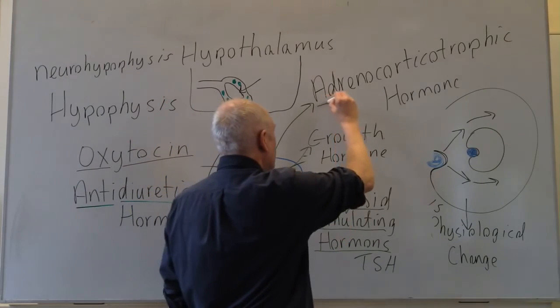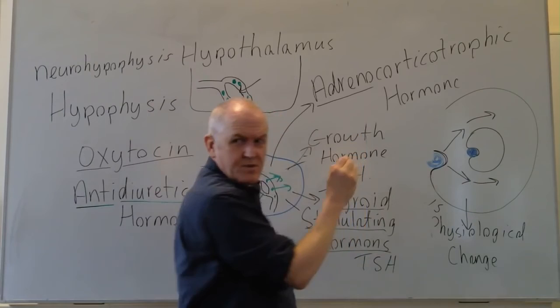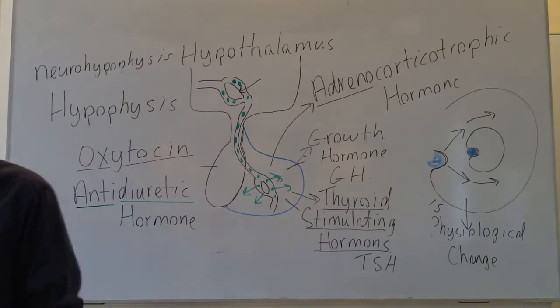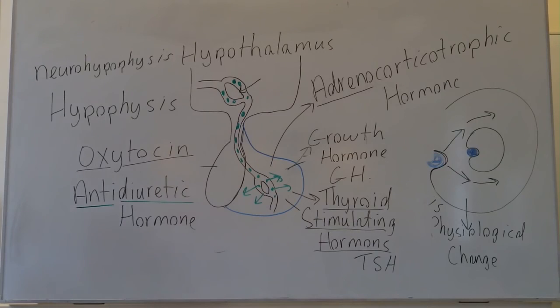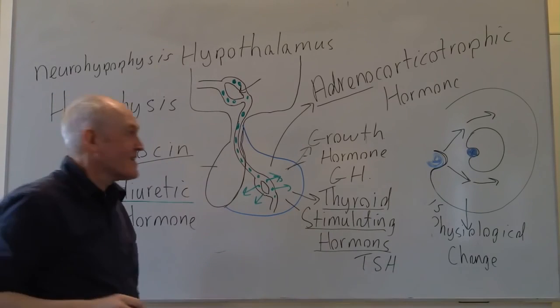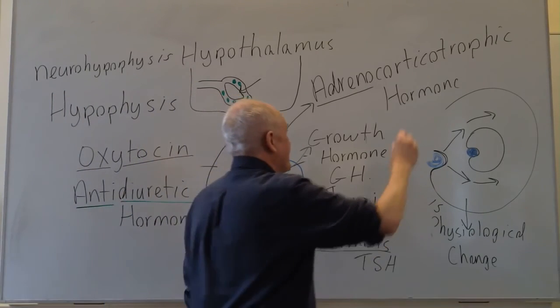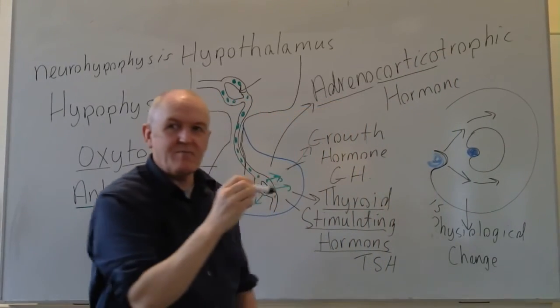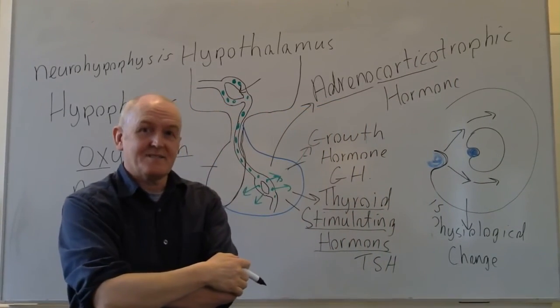Adreno means to do with some glands we'll learn about later called the adrenal glands. Yes, adrenaline is produced in the adrenal glands, but not in this part. This is the adrenocortico, and you might remember that the outside part of an organ is the cortex.